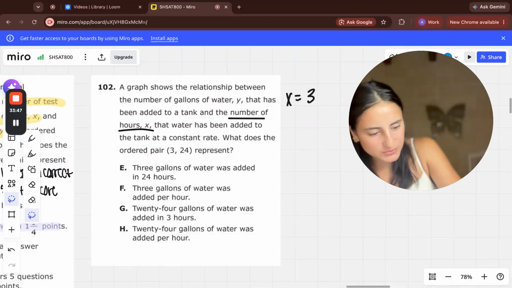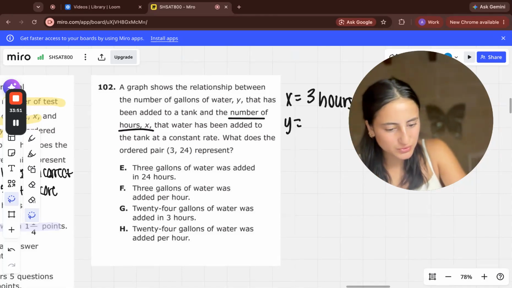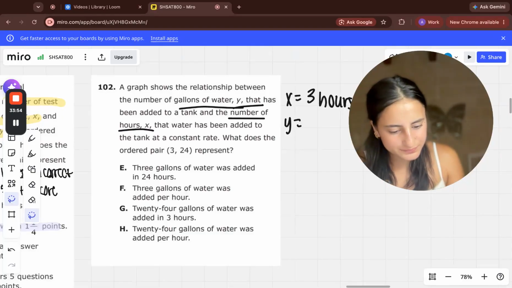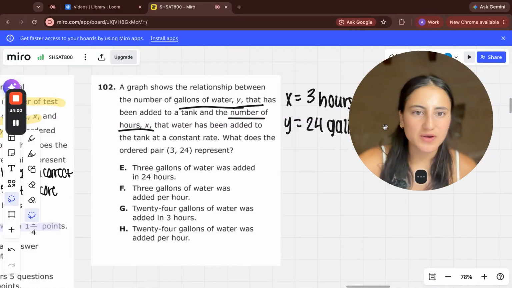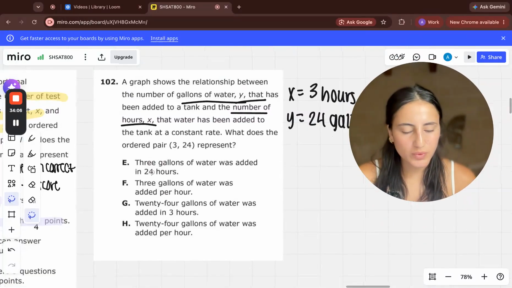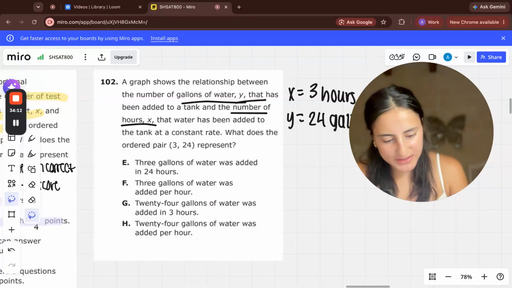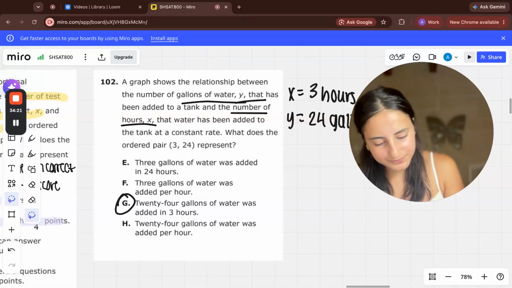So when X is equal to 3 hours, Y is equal to the number of gallons of water. So the way I would interpret this is that after 3 hours, 24 gallons of water is added. So what matches that? Yeah, it's answer choice G: 24 gallons of water added in 3 hours.